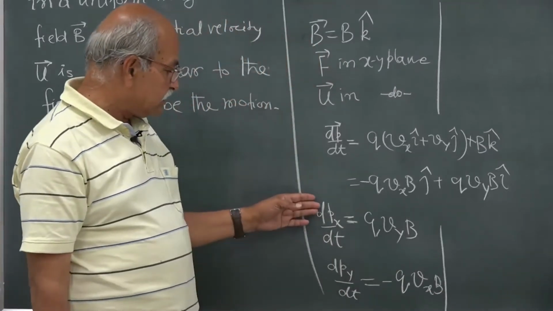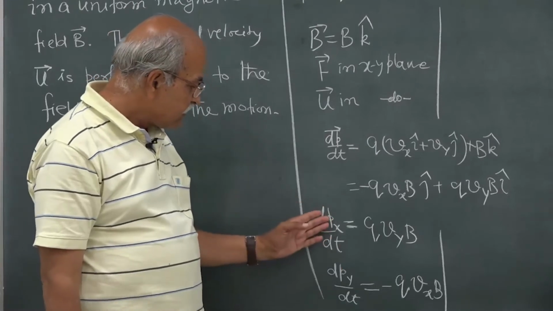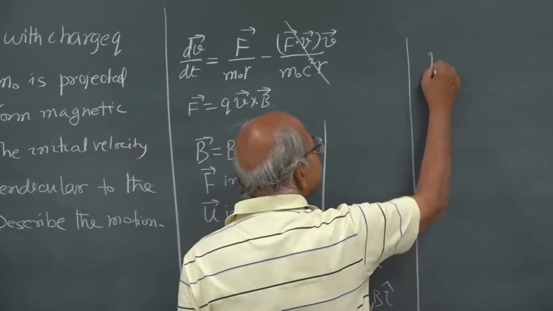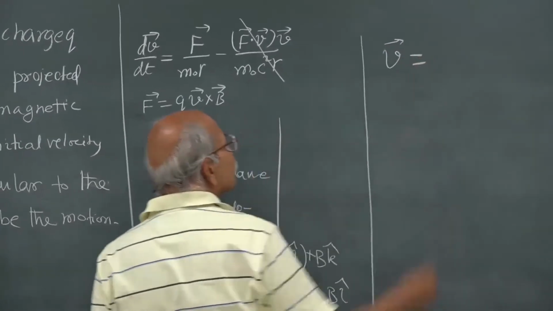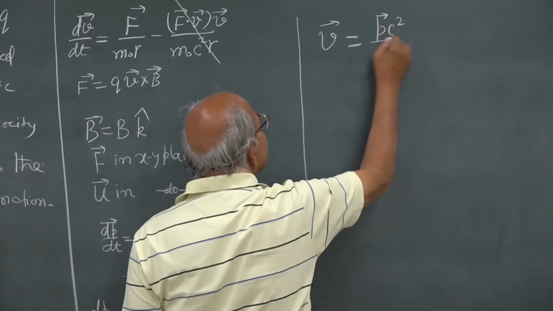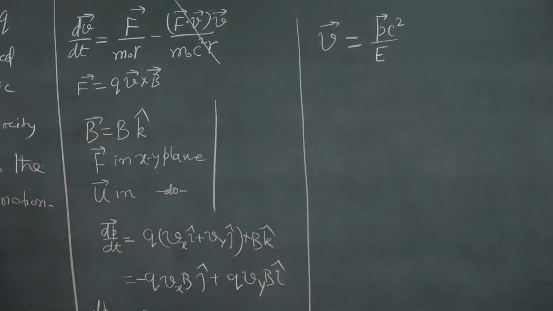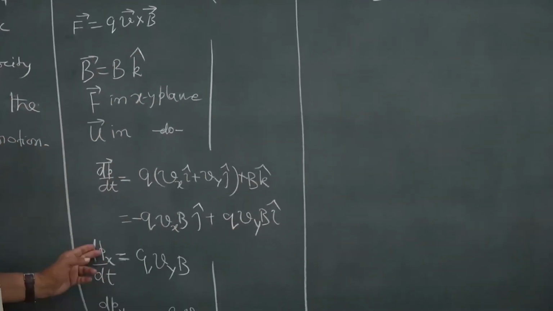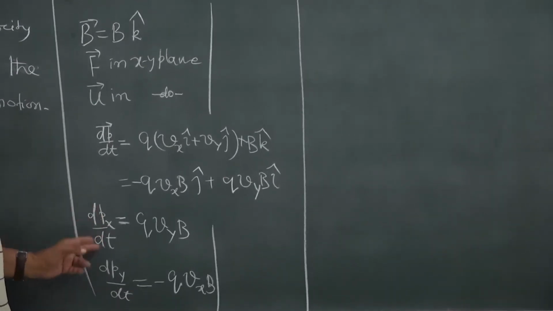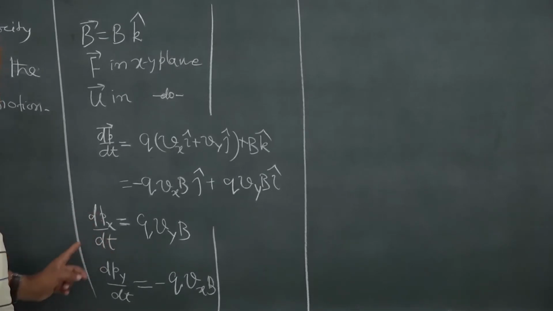I can write this in terms of Vx and Vy, and for that again I will be using the same equation, V equal to P c square by E, where E is the total energy. Because if I try to write dVx dt from the other form, it will be difficult because of that square root 1 minus v square by c square coming in all the time.